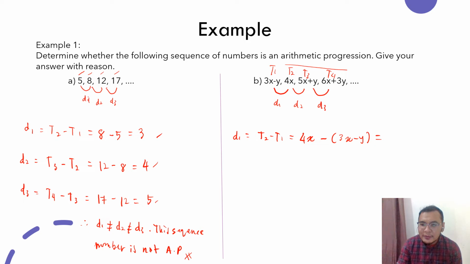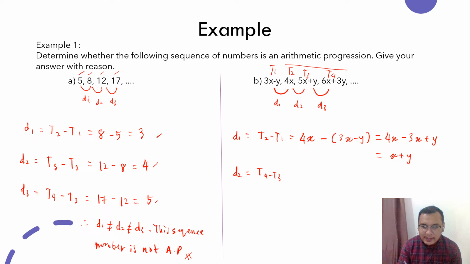Before that, we open the bracket first. So 4x minus 3x plus y. Minus and minus, we will get plus. So 4x minus 3x is x plus y. So this is D1. And D2 is T4 minus T3. Is it correct?